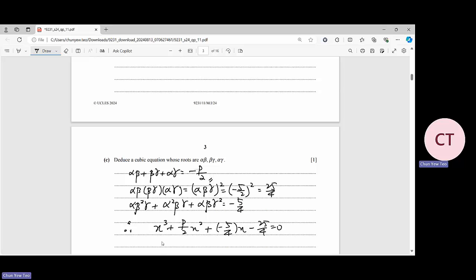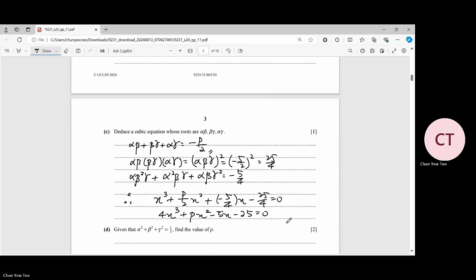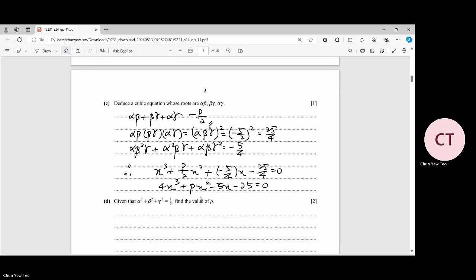So just multiply everything by 4, you get 4x cubed plus 2p x squared minus 5x minus 25. So this one multiplied by 4 will be 2p. This will be the answer for question C.